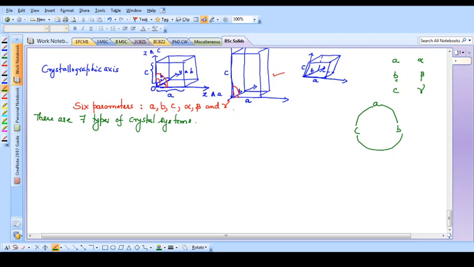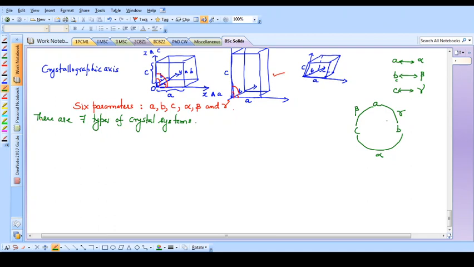Now opposite of A, I will write alpha, because alpha is related to A. Similarly, beta is related to B, so opposite of B I will write beta. And finally, opposite of C, I will write gamma.